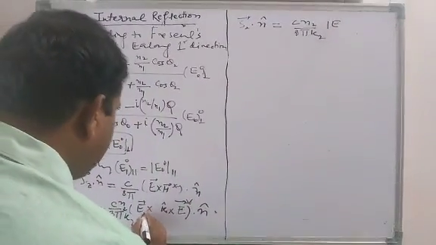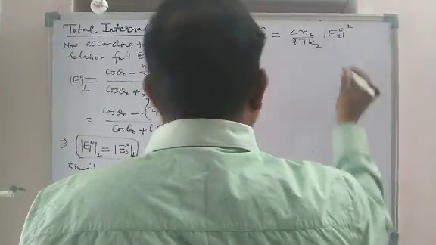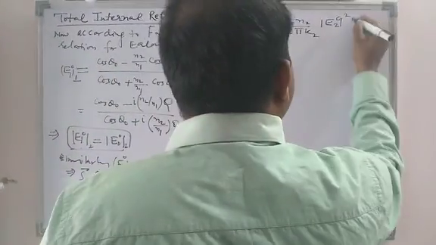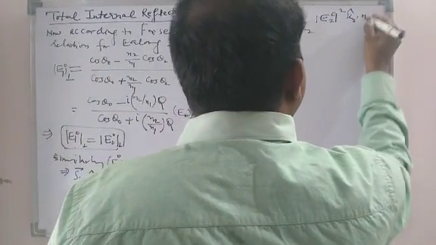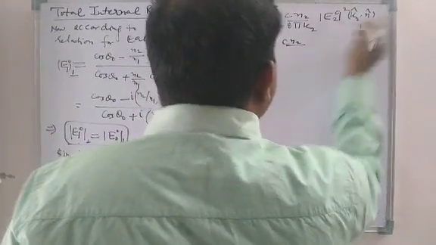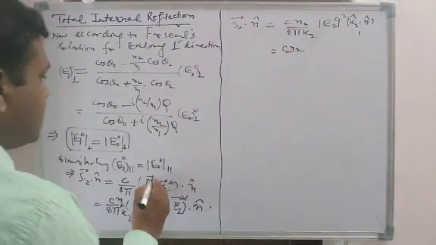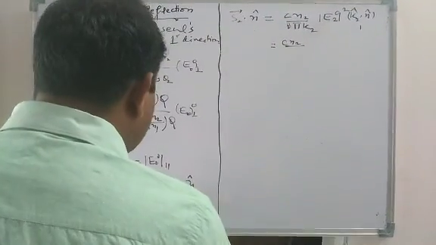E2. In fact, this is also going to be E2. So this is going to be E2 naught square, and then we will have K2 hat dot n hat, which is going to be, so obviously the other term will be E2 naught cross E2 naught, which is going to be 0. So these are all zeros.